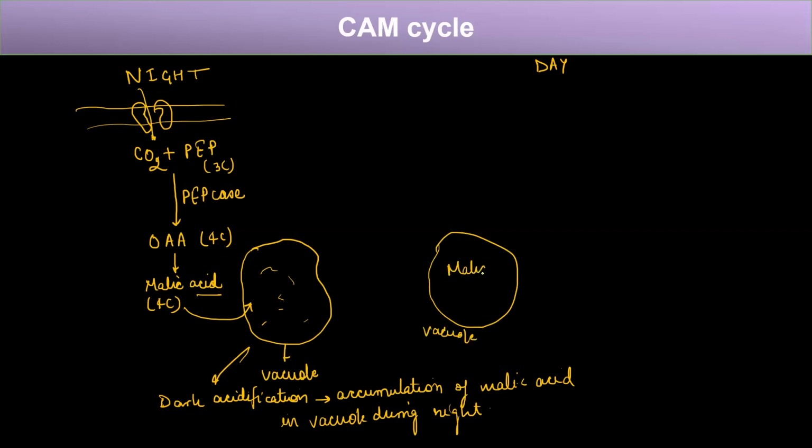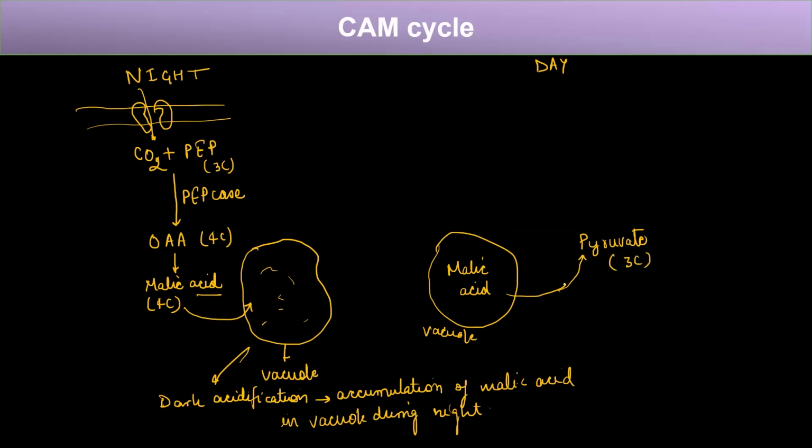Malic acid accumulation. Now during the daytime, this malic acid gets out of the vacuole, and then it gets converted into pyruvate. And once it gets converted into pyruvate, we know pyruvate is what?